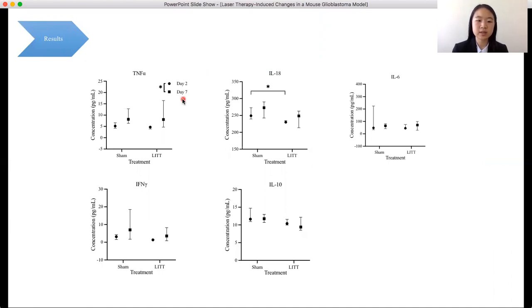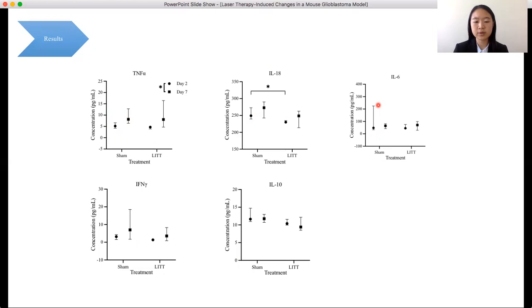Some of these cytokines showed significant differences between the days. For example, tumor necrosis factor alpha showed significant differences between the day 2 and day 7. However, most of these cytokines showed no significant differences with pretty large variabilities within each cohort.